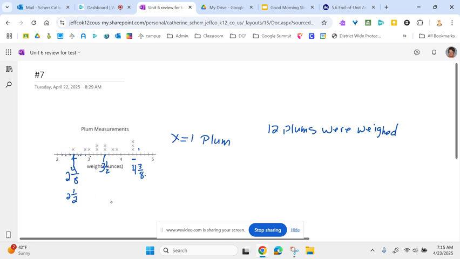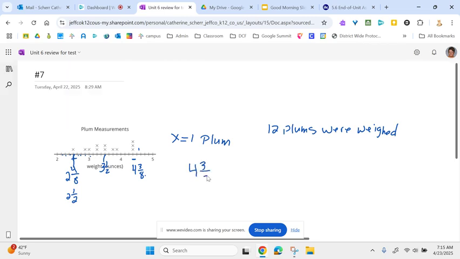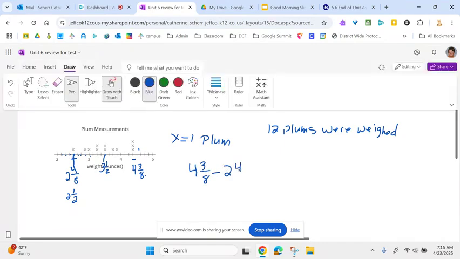So when I'm looking at this line plot and I'm thinking how many total plums there are, I counted the X's. If I wanted to know what the difference is between the least amount and the most amount of the plum, I would just do some subtraction. I would do the most has to go first, 4 and 3/8, minus 2 and 4/8.